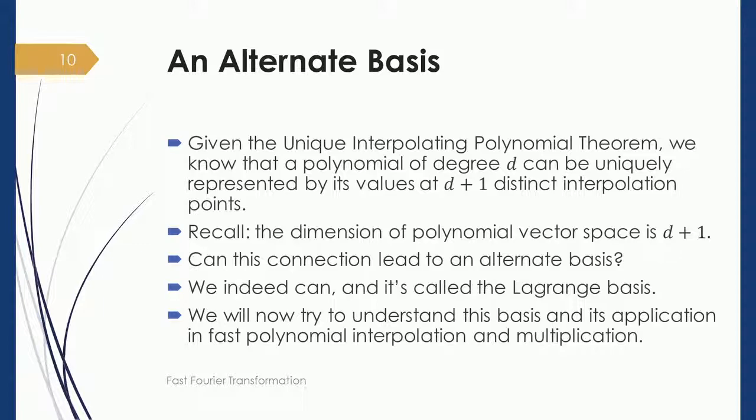So, there is this commonality that we encounter between these two observations. The polynomial vector space is of dimension d plus 1, and d plus 1 points uniquely represent each polynomial.